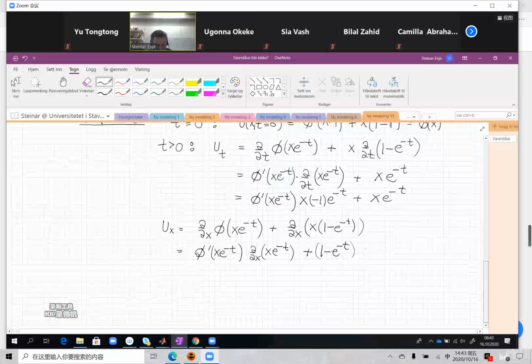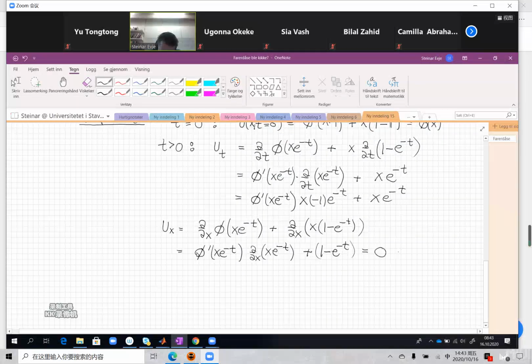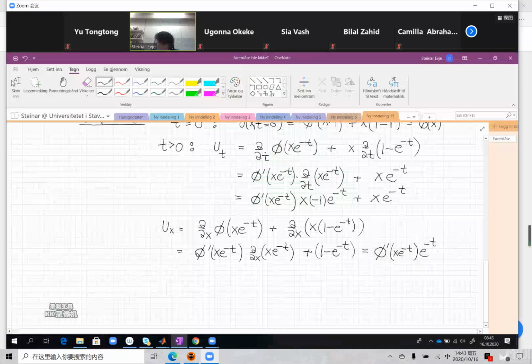When we draw the conclusion here, we see that we have phi prime times e to the minus t plus 1 minus e to the minus t.